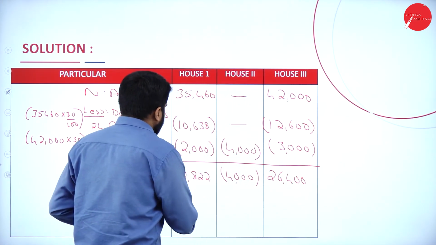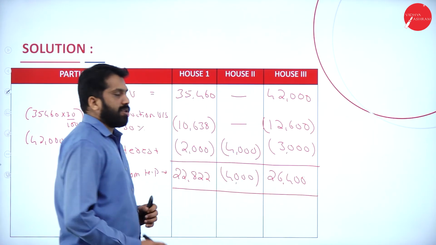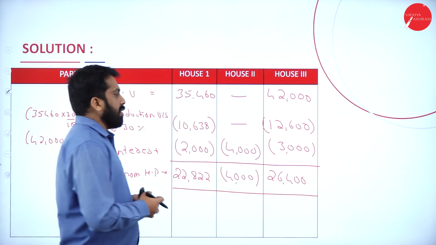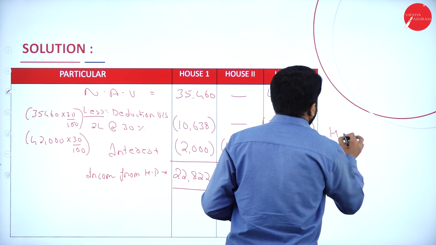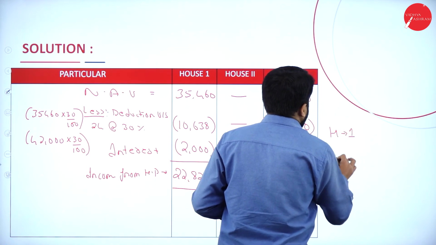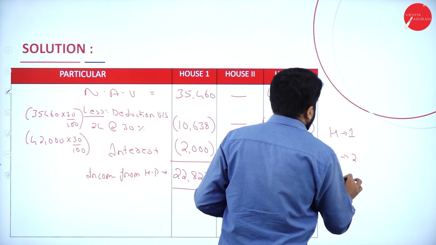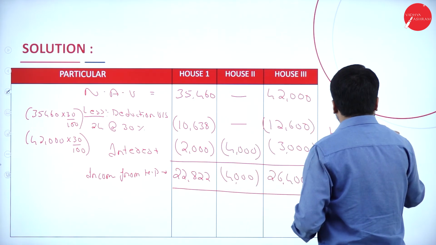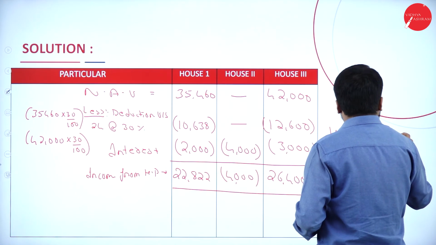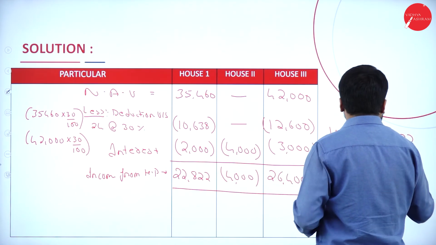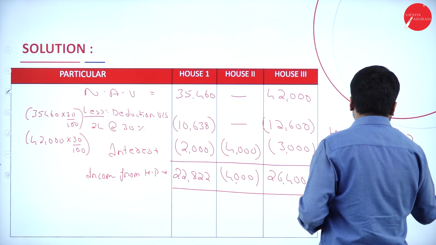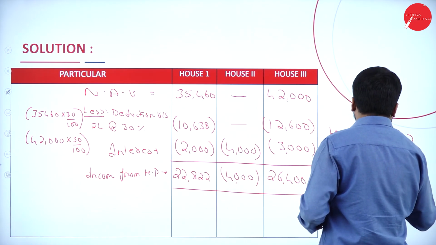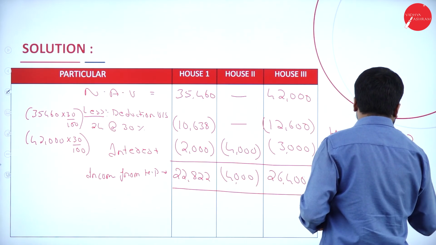So these are the answers we have. What is your final answer? Your final answer is house 1, house 2, house 3. Your house 1, I got 22,822. House 2, I got minus 4,000. House 3, I got 26,400.